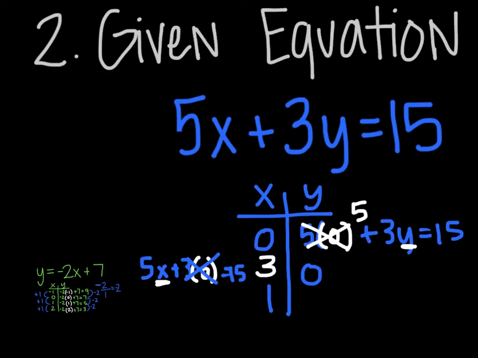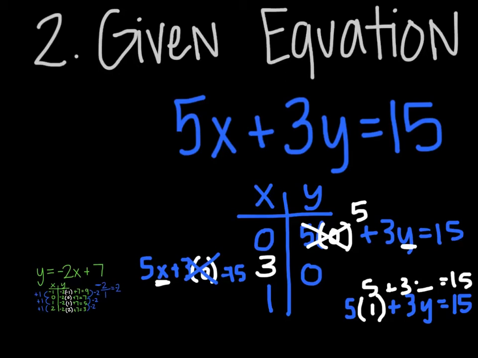And then the last one, this one is a little bit trickier just because we're not working with 0, but still doable. So 5 times 1 is 5, and plus 3y equals 15. So in other words, we have 5 plus 3 times some number equals 15, and it's a guess and check strategy, really. Trial and error.